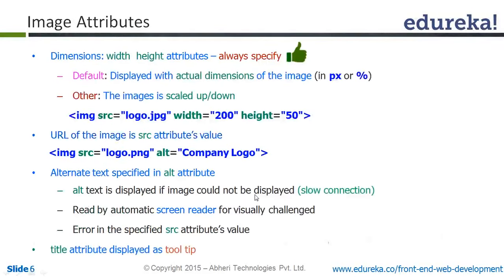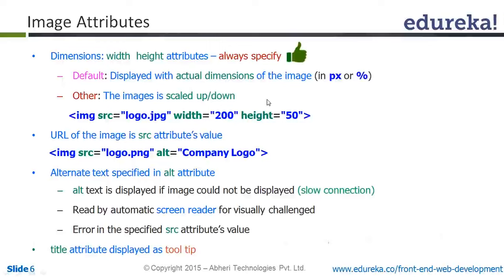Here you can see on the right-hand side a thumbs up in green color, which means it is the recommended practice. A thumbs down in red color means that's not recommended. That's the convention I use in this slide.